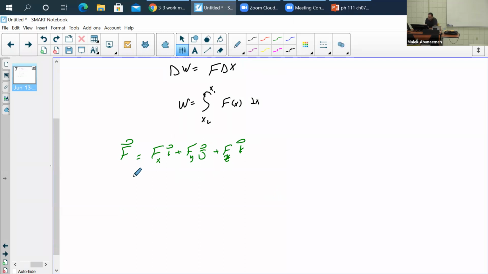And we define the displacement distance dr as dx in the i direction, plus dy in the j direction, plus dz in the k direction.